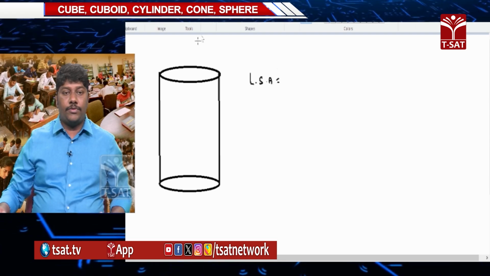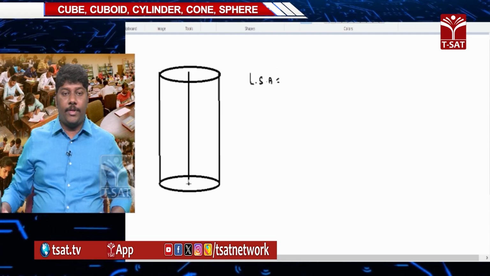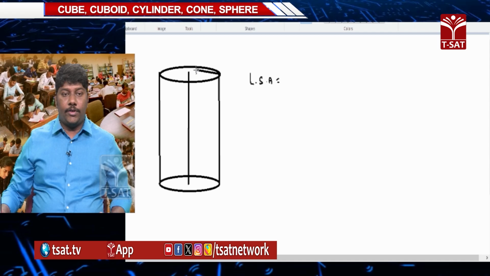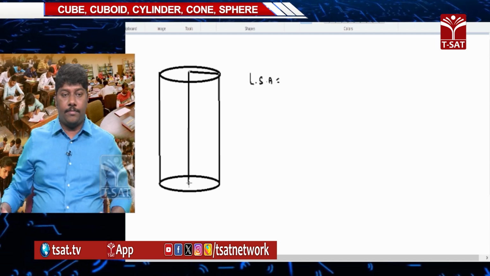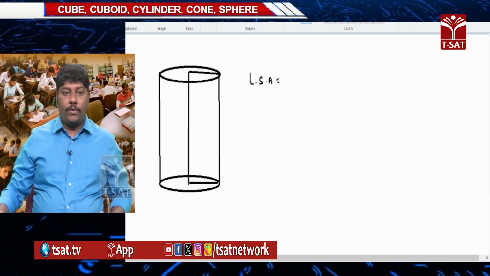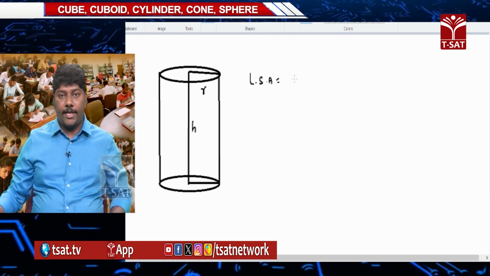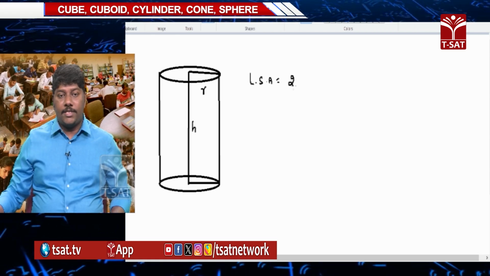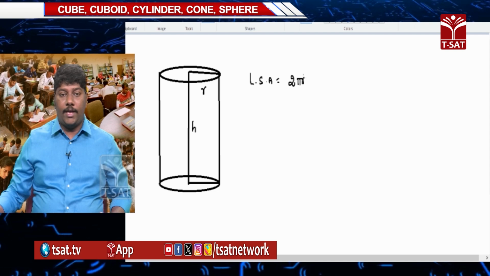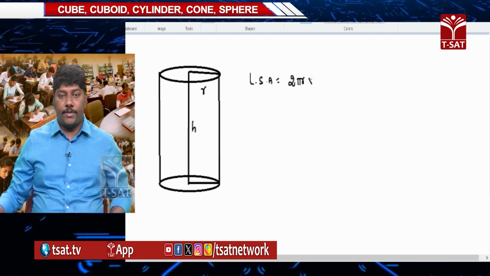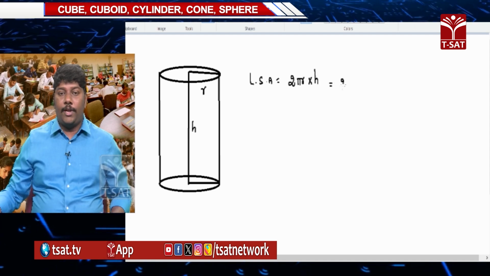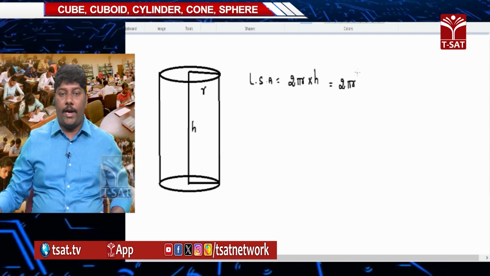If you connect these 2 centers, the distance between 2 centers is height, center to anywhere on the circle is radius. So, you have only two values, radius and height. Lateral surface area is base perimeter, base is a circle, therefore 2 pi r is the perimeter of the circle or circumference of the circle into h. So, therefore, lateral surface area is 2 pi r h.